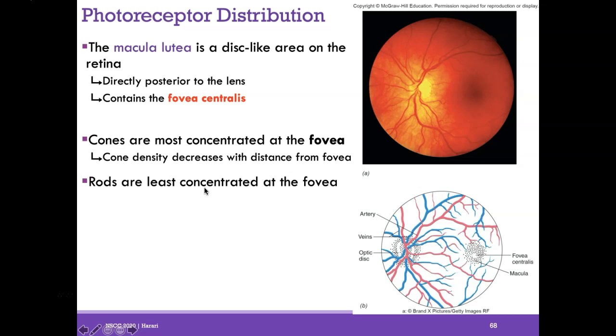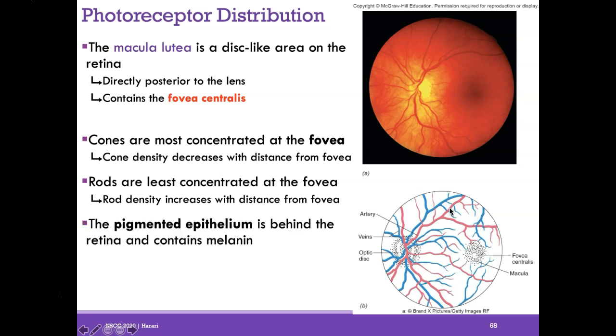And the rods are least concentrated at the fovea and increase density as they go outward. So again, we have the opposite relationship. Cones are most concentrated at the fovea, rods are least concentrated at the fovea, and the density of rods increases as you go from the fovea, whereas the cone density decreases.